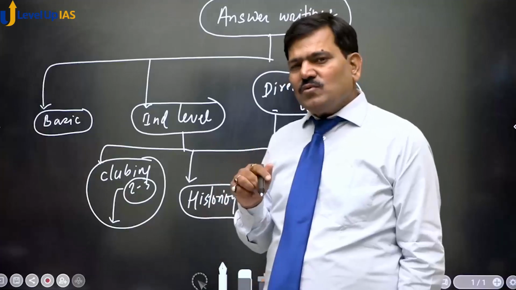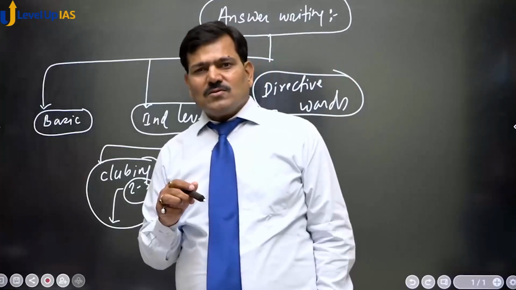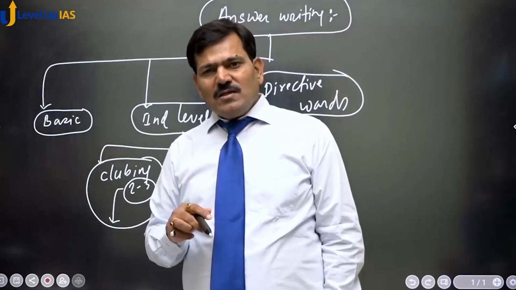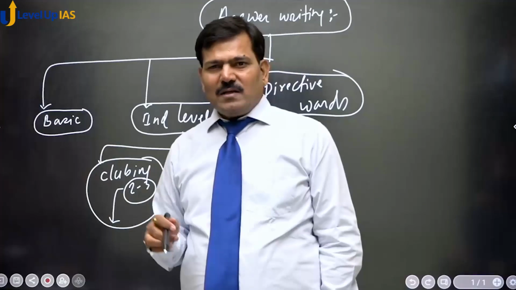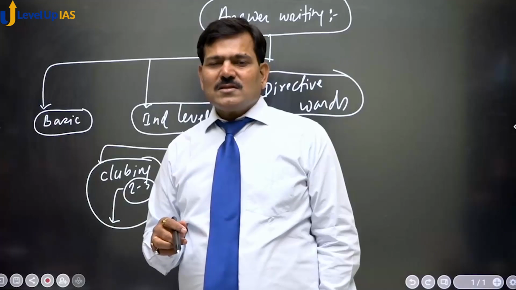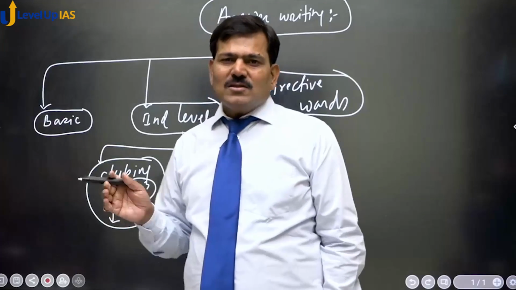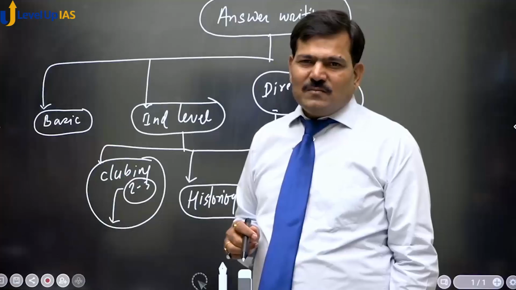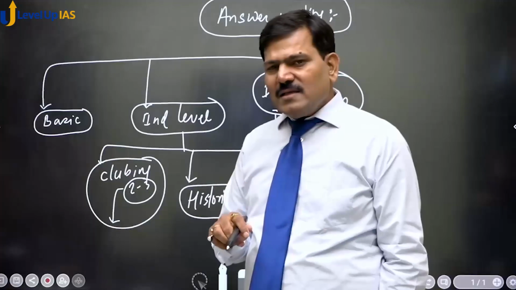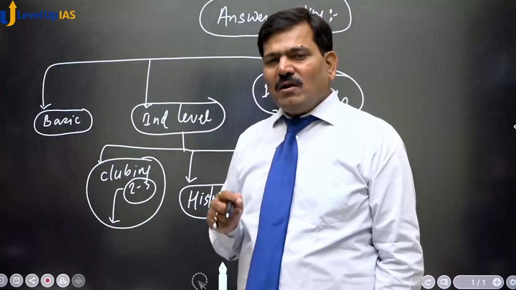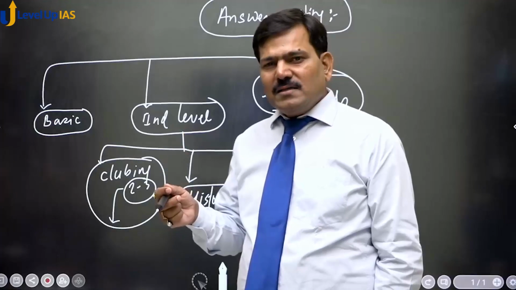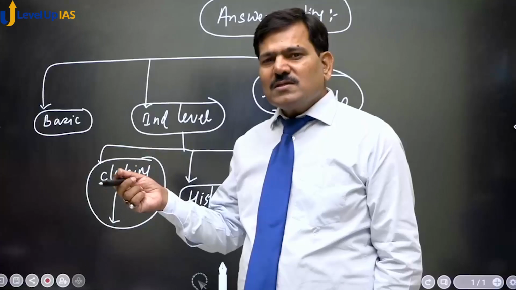And you have to understand one thing also. Unless you understand the historiography properly, you cannot construct your answer according to the directive words. Because how can you comment on a particular statement if you have not been clear in your head about the prejudice of the historian?